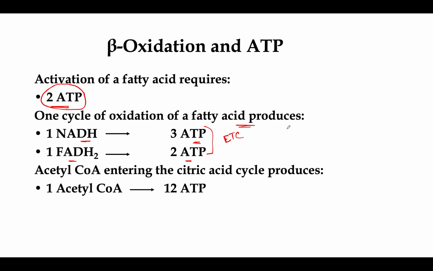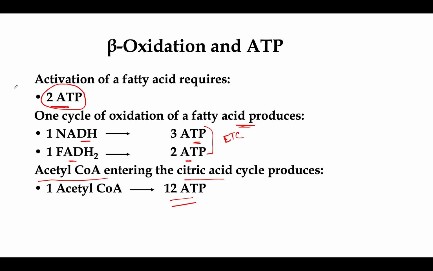So I mentioned this before. 1 NADH will give rise to 3 ATP molecules, 1 FADH2 will give rise to 2 ATP molecules, and 1 acetyl coenzyme A on entering the citric acid cycle produces 12 ATP molecules. So this is like a rule book that you should remember, because you will definitely be asked a question on calculating the total or net gain of ATP from a certain chain length fatty acid.